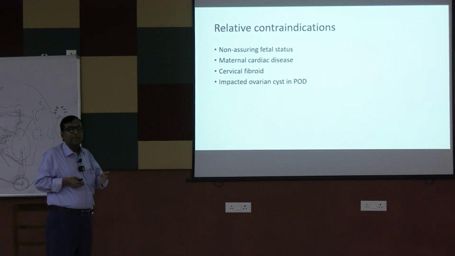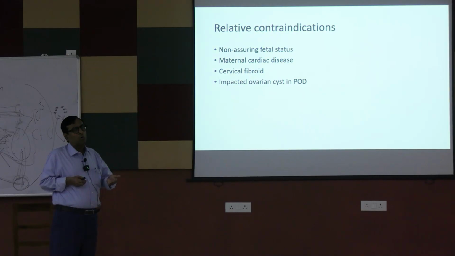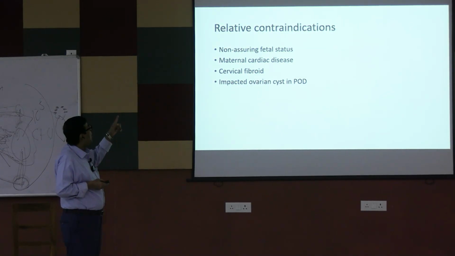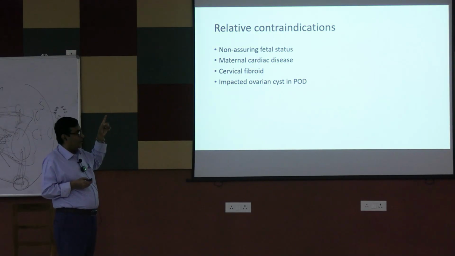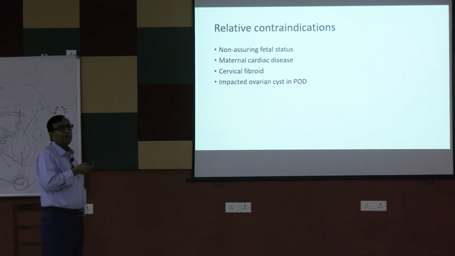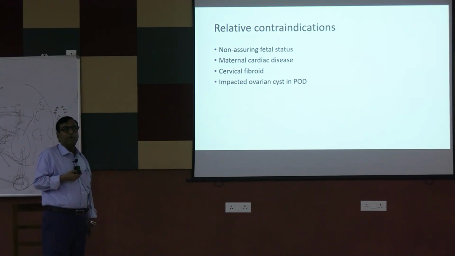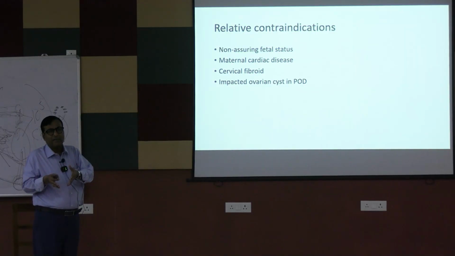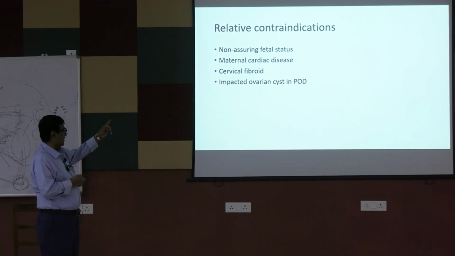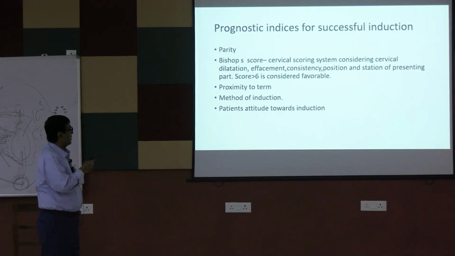So cardiac patients usually go into spontaneous labor. So in a cardiac patient, we usually do not go for induction of labor. Cervical fibroid and impacted ovarian cyst, because they will hinder the descent of head. So these are the contraindications.